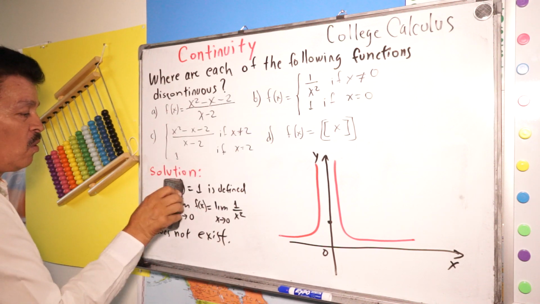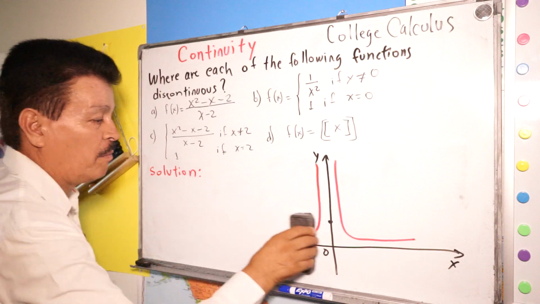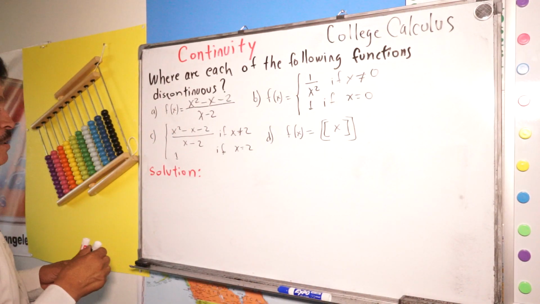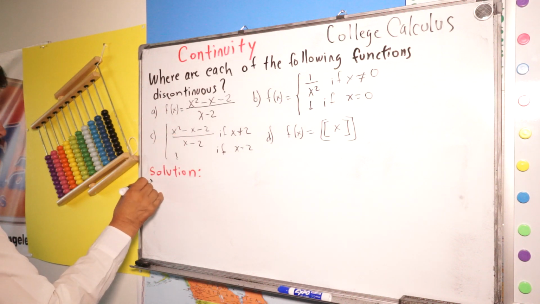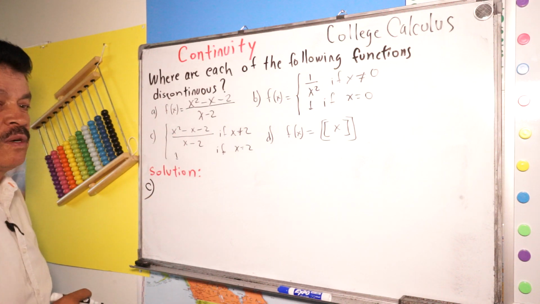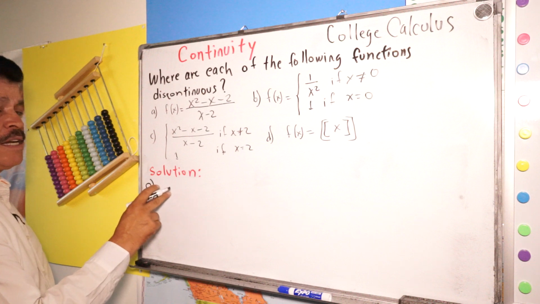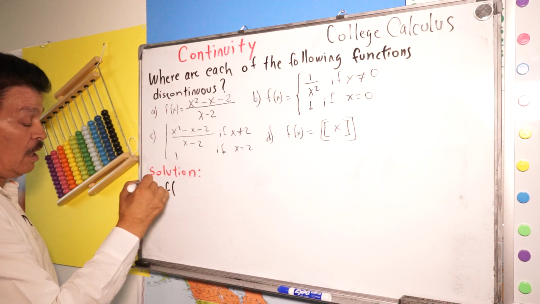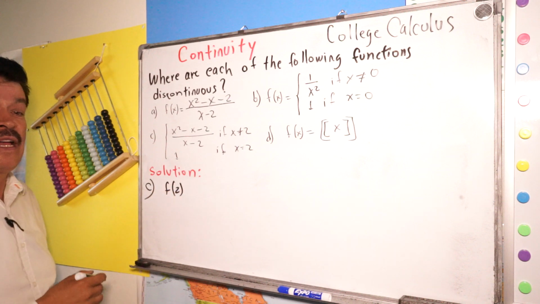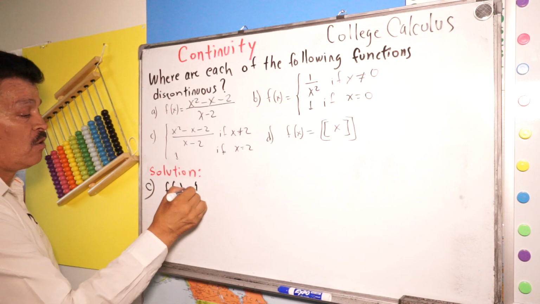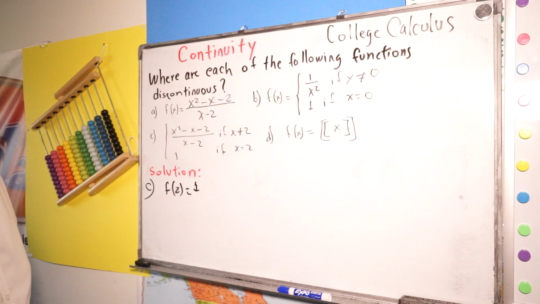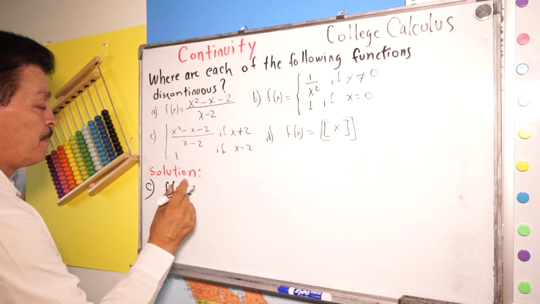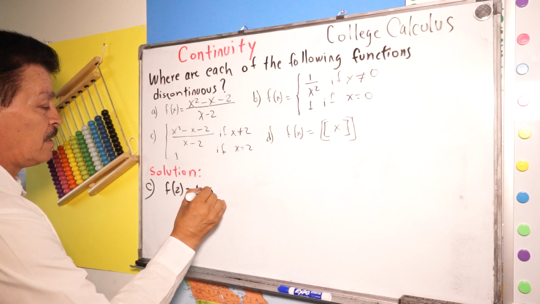Okay, let's go and find the solution in number C. Let's see how number C looks. We have C right here. Here f of 2 equals 1. This is defined.